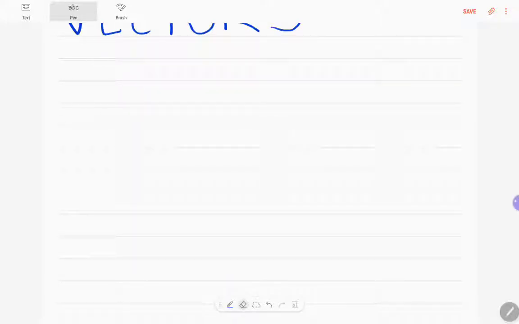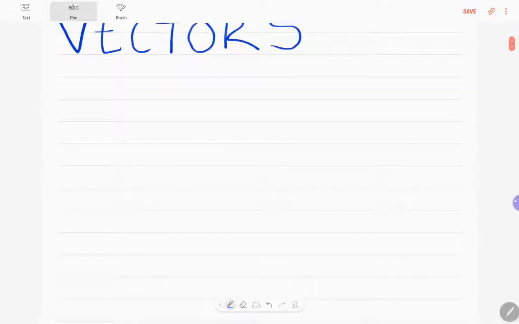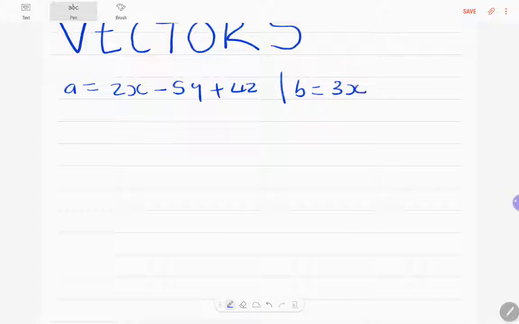From here, let us go to the subtraction. Now let's say A is equal to 2x minus 5y plus 4z, and B is equal to 3x plus 2y minus, let me say, 4z.